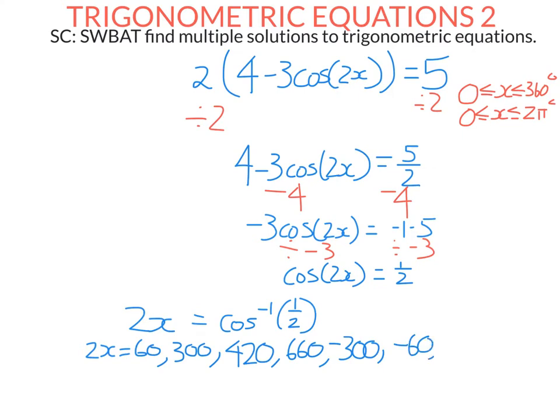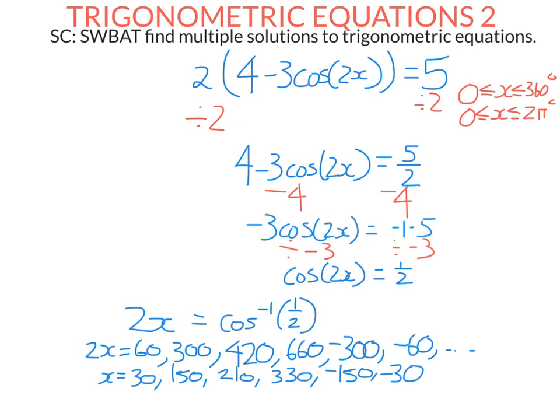So these are some of the solutions. There are infinitely many solutions to cos inverse of a half. All of these are not actually answers to x. They're not what x equals, they're what 2x equals. So we just divide each of them by 2. The possible solutions for x are 30, 150, 210, 330, minus 150, and minus 30.